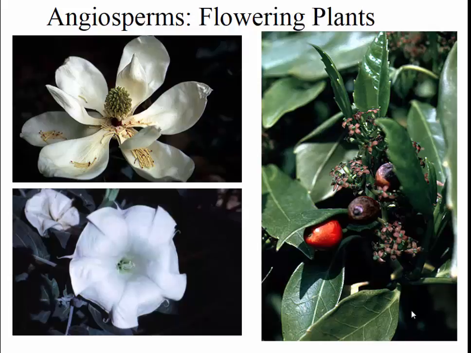Lower left is Datura stramonium, the source for scopolamine, which is used to treat people with seasickness and car sickness. And then on the right is coffee, which shows the fruits as well as the flowers.